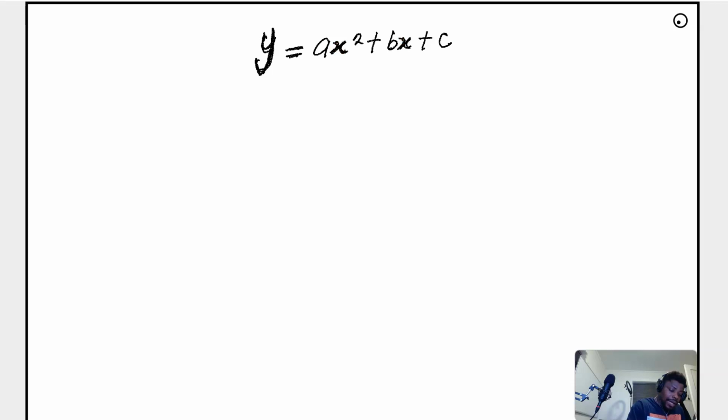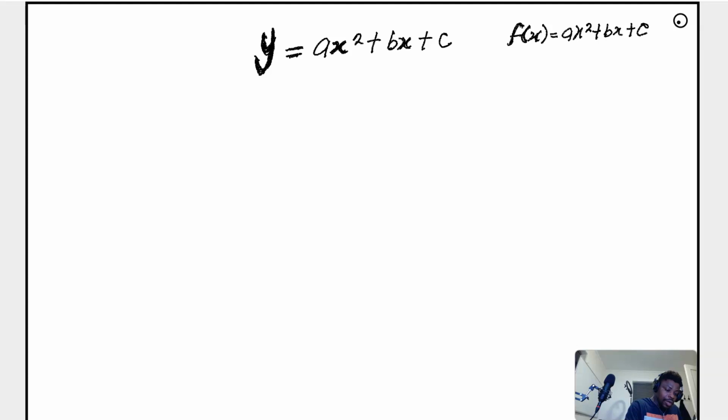So it tells me that I can only have the value of y if I know my variable x. That is why it's a function. So it tells us that f of x is equal to ax squared plus bx plus c. That is what it means.